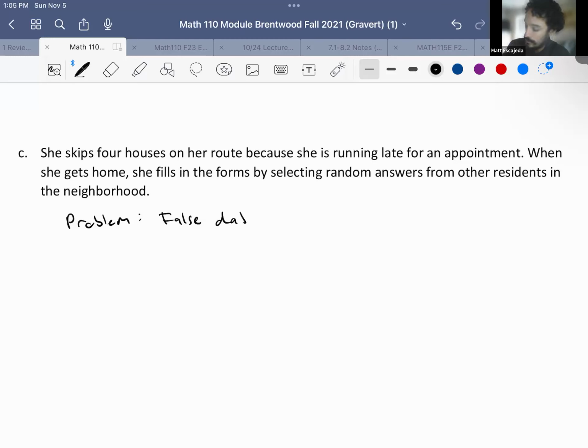And how you fix this is you go over and return and collect data. You just have to make sure everyone's accounted for in the designated sample you're choosing, and you can't input data that isn't theirs.